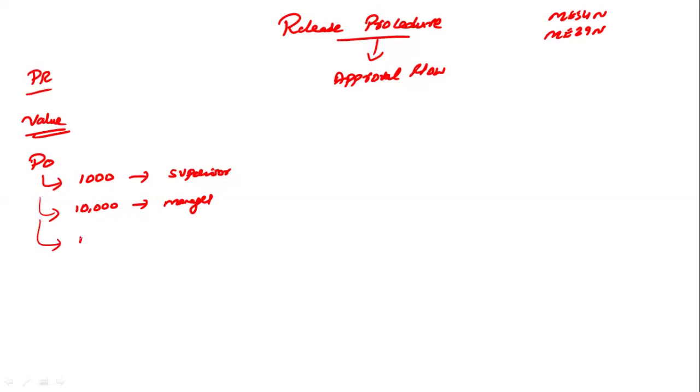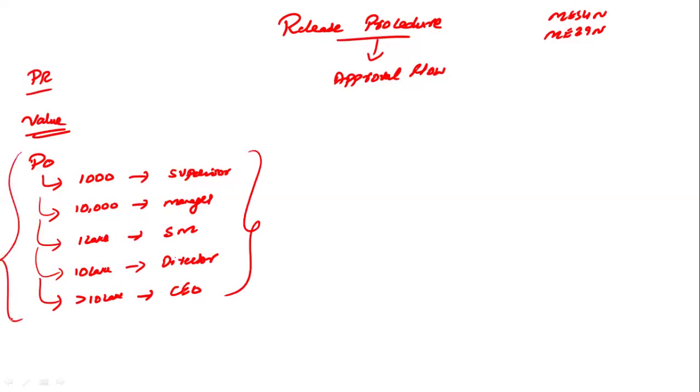If the PO is more than 1 lakh, then the senior manager should come into the picture. When it is more than 10 lakhs, then the director should release it. When it is more than 1 crore, then the CEO should release. So these are the levels of approvals we have in the PO or the PR.